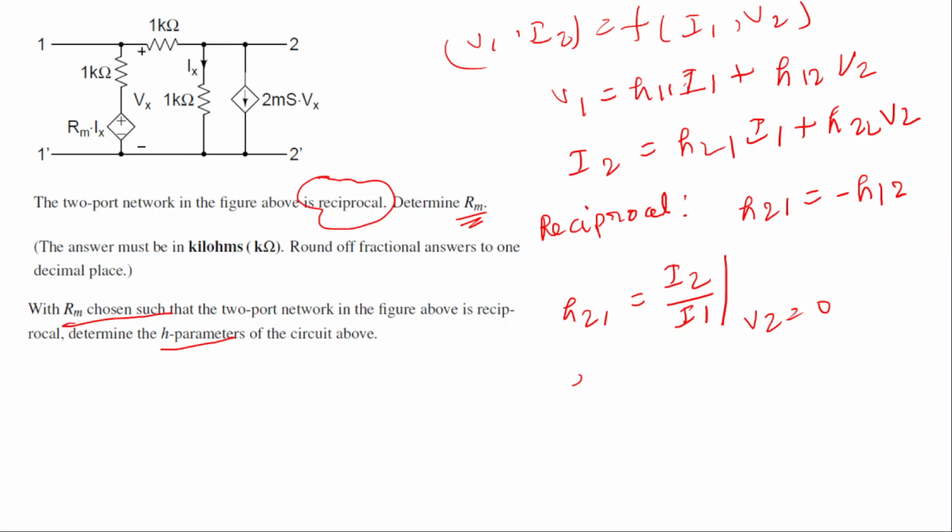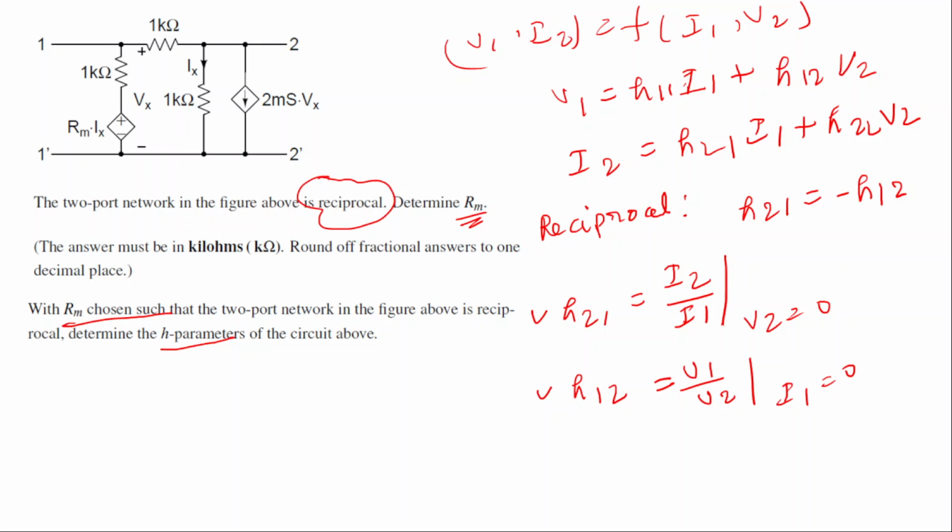Similarly, H12 is V1 upon V2, provided that I1 is 0. So for these parameters, we need to find the values under these two conditions, and then put them in this equation.